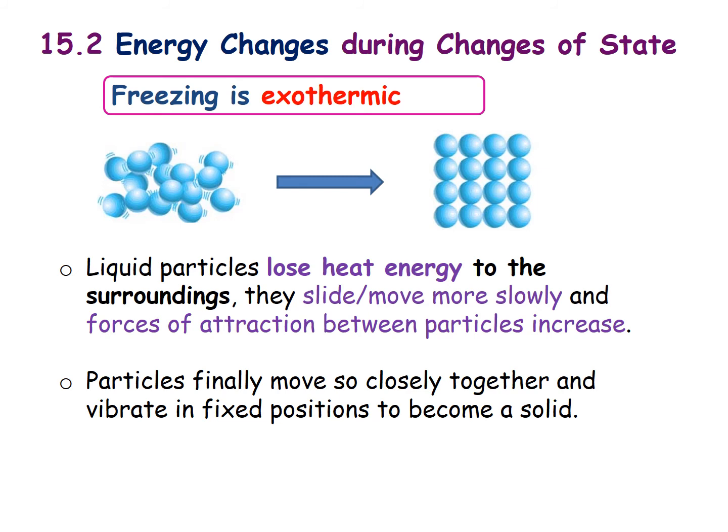So, for a liquid to change to solid, it must give up this so-called excess energy. As the liquid particles lose energy, they move more slowly and are gradually attracted to one another until the particles become so close together in fixed positions and the solid is formed.